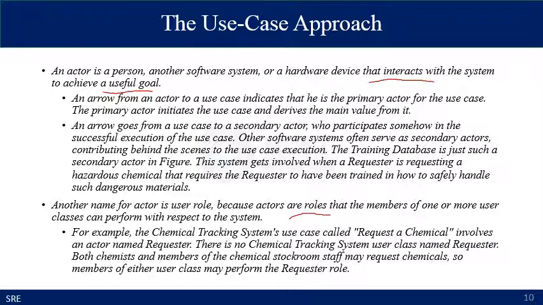Again, in the previous slide, the chemical tracking system use case called request chemical involves an actor named requester. There is no chemical tracking system user class named requester, so both chemists and members of the chemical stockroom staff may request a chemical, so members of either user class may perform the requester role.